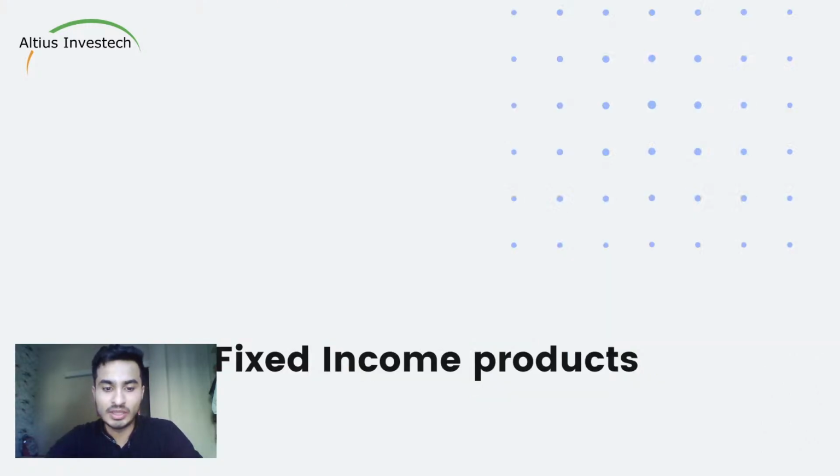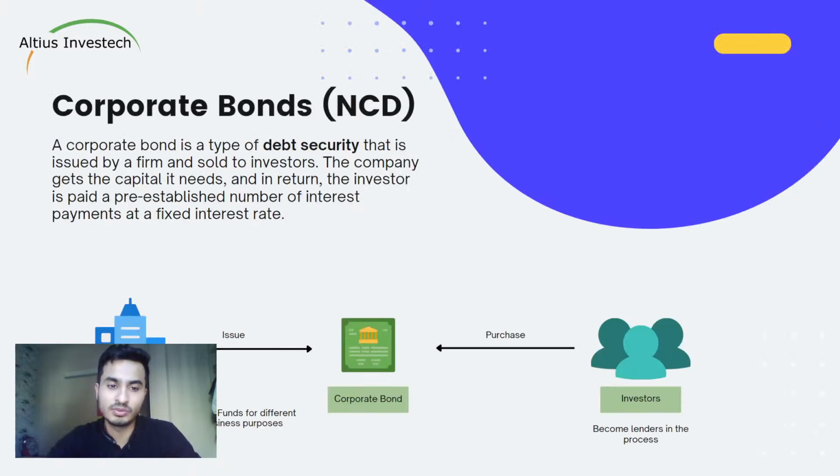So let's take a look at the different types of fixed income products. The first one would be corporate bonds or NCDs. A corporate bond is a debt security that a company issues in order to raise capital for its operations or any other purpose.